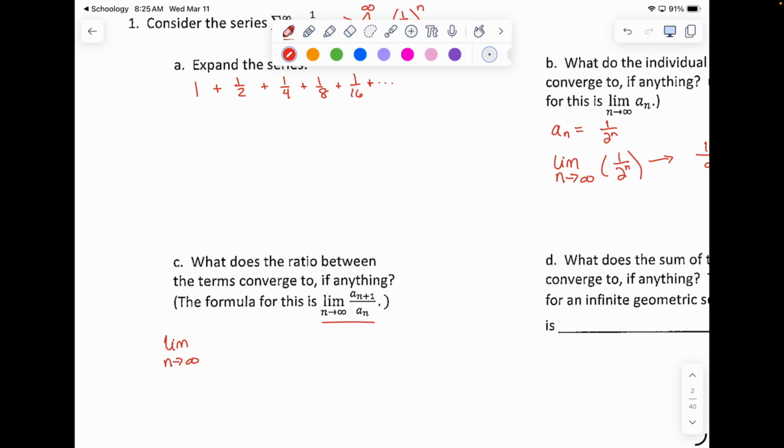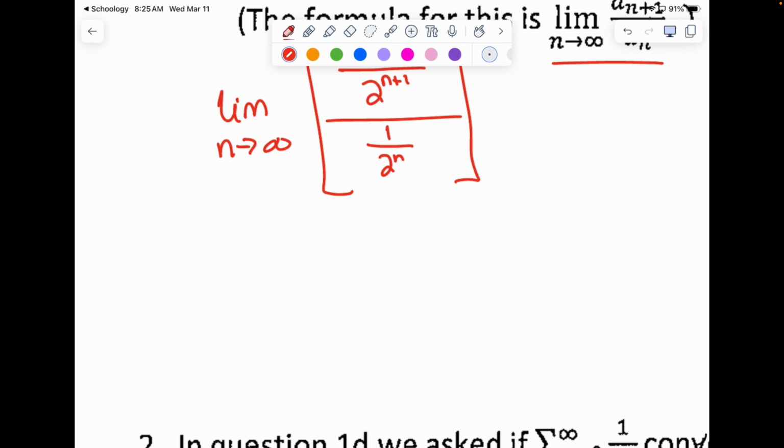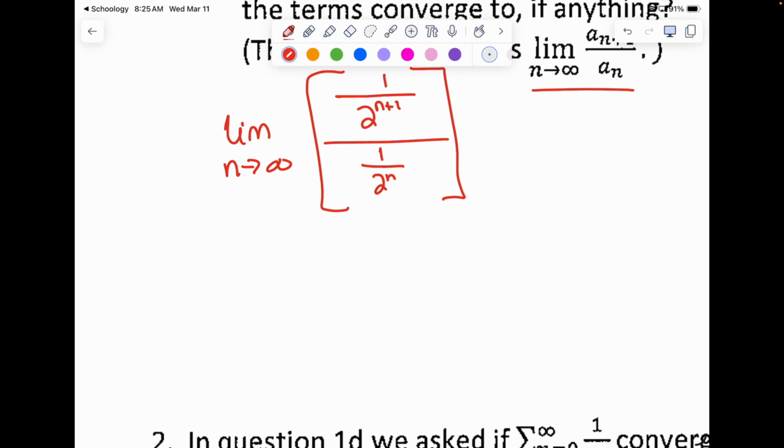Okay, so a_(n+1) is 1 over 2^(n+1), and a_n is 1 over 2^n. And I'm looking for the limit as n approaches infinity, and we're going to do some complex fractions. Everybody's favorite. I will rewrite this as multiplication by the reciprocal.